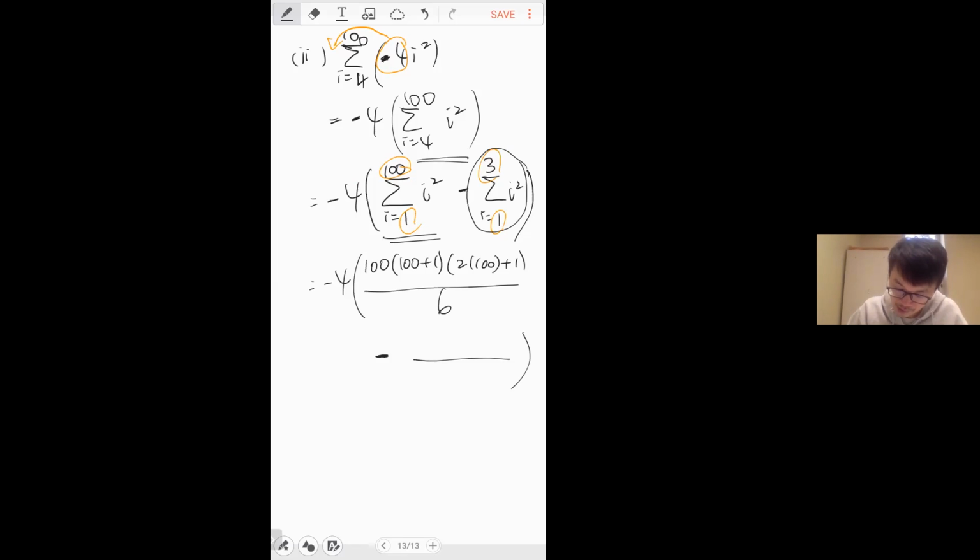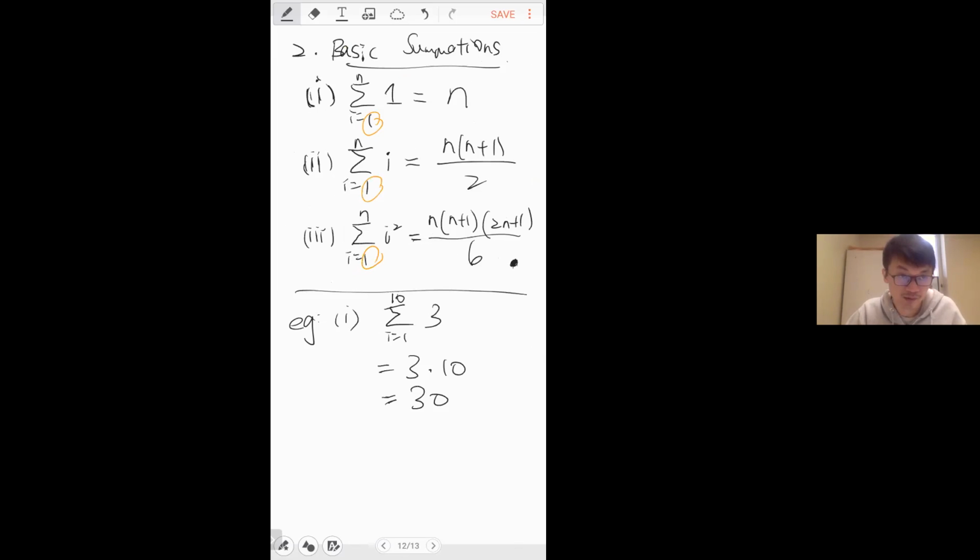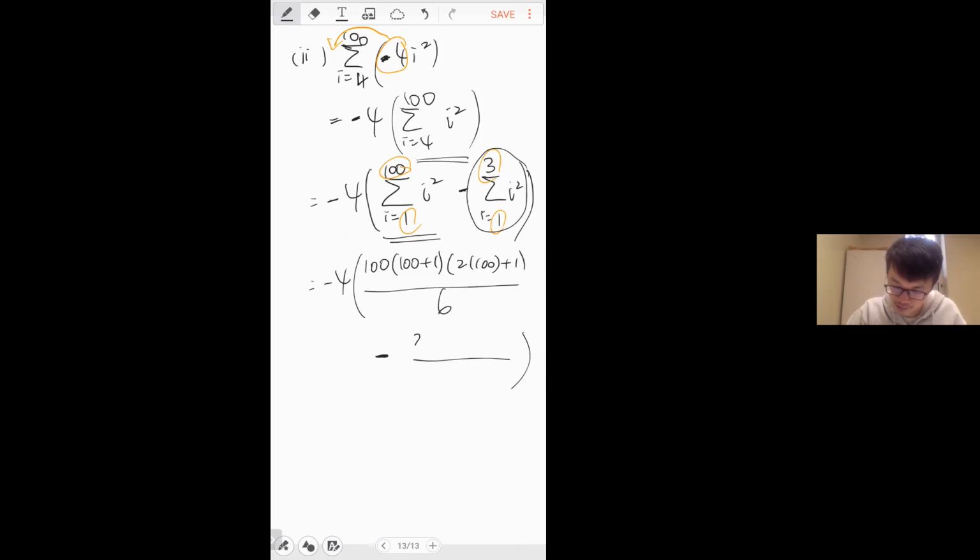Okay, so you plug 3 into your formula here. The last one, you get 3 times 3 plus 1 times 2 times 3 plus 1 divided by 6. Is that okay? Any questions?